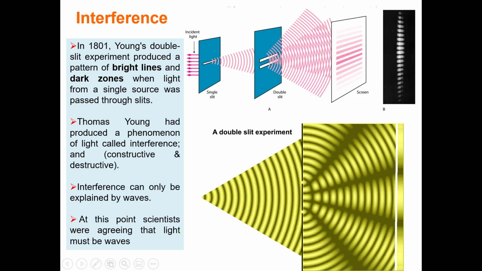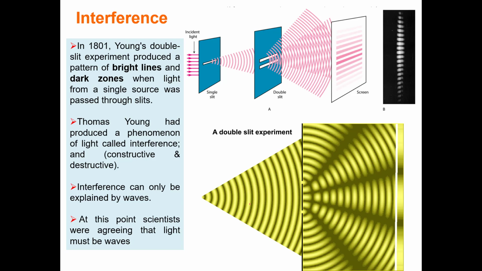The bright lines correspond to the constructive interference we discussed in the last presentation, and the dark lines to destructive interference. This is a real picture of the interference pattern. We can see here the bright lines and the dark lines. This phenomenon only occurs for waves.